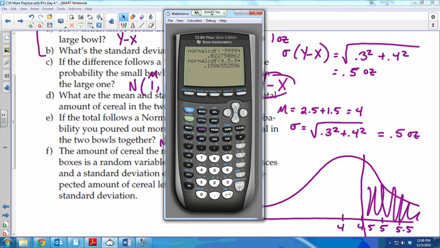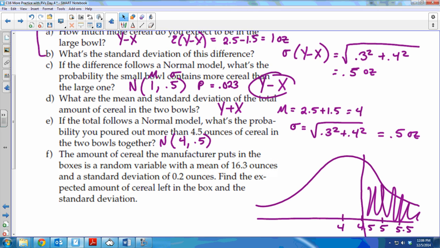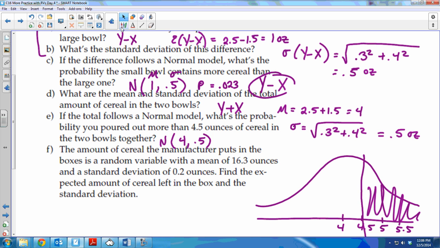So 0.159. That'll do it. So we're using stuff we learned in chapter 6 to kind of figure out this random variable scenario.